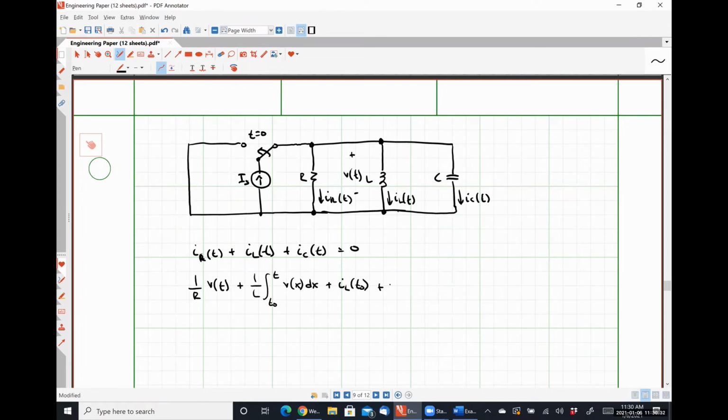And then we have C dV by dt is equal to 0.